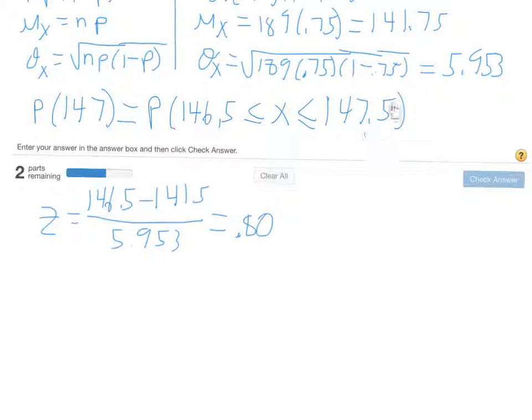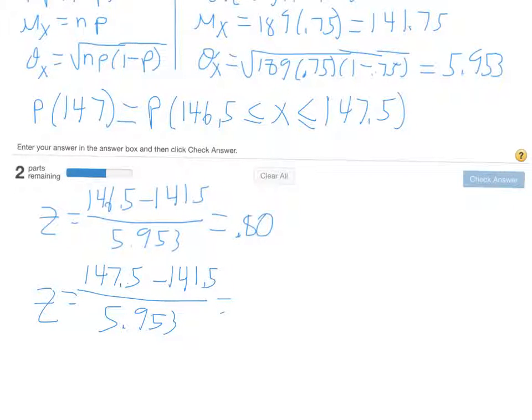I need to repeat this for the 147.5. So I just redo this, find the z-score for 147.5. I'll put that in the calculator. You want to round to two decimal places, or the nearest hundredth, and I've already done that.